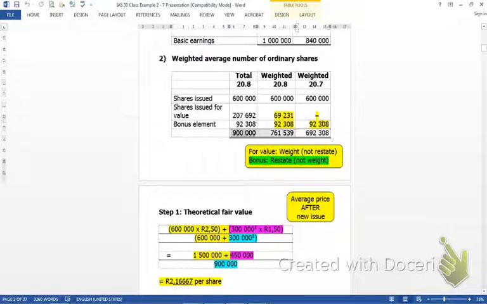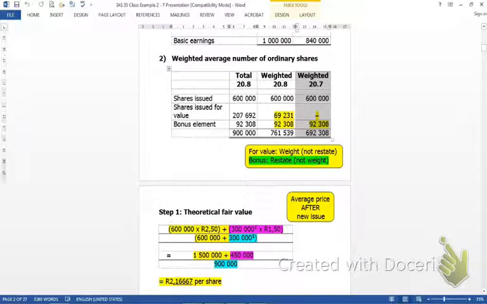And now all that remains, we have to add those items together, and your 2008 Wynos will be 761,539, and the 2007 Wynos will be 692,308.